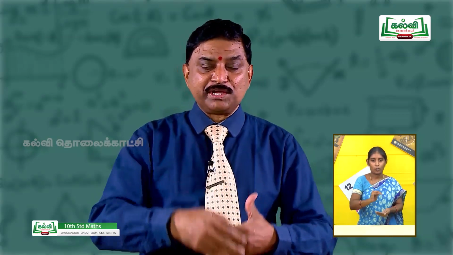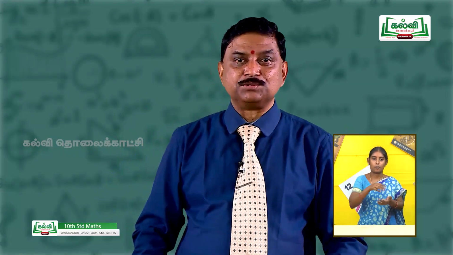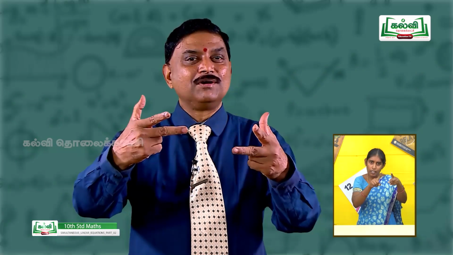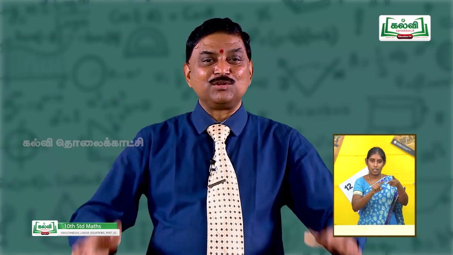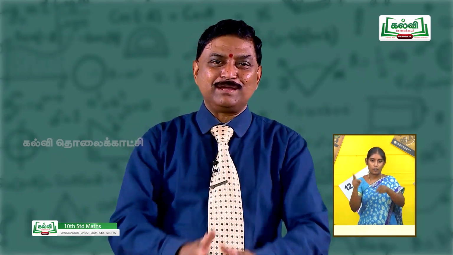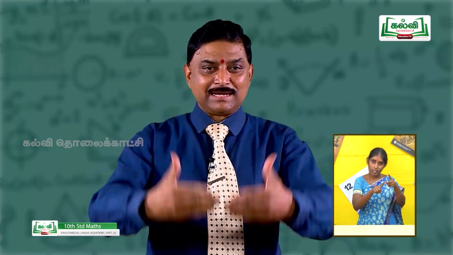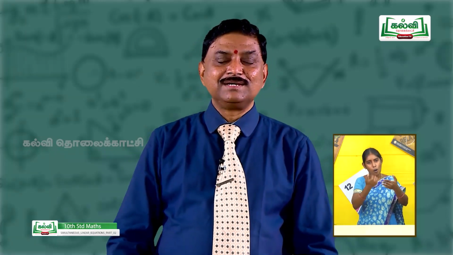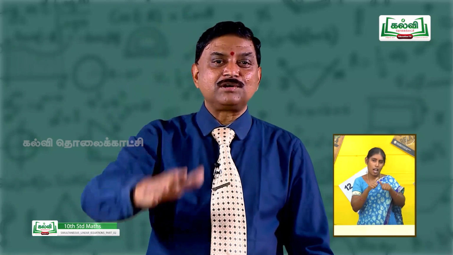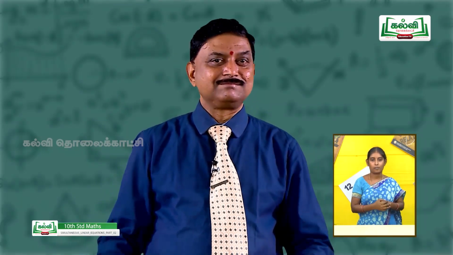So, with these two pieces of information, first we have to form two equations. Then we will get simultaneous equations in two variables. Then as we did in the previous question, we have to solve it by the elimination method.